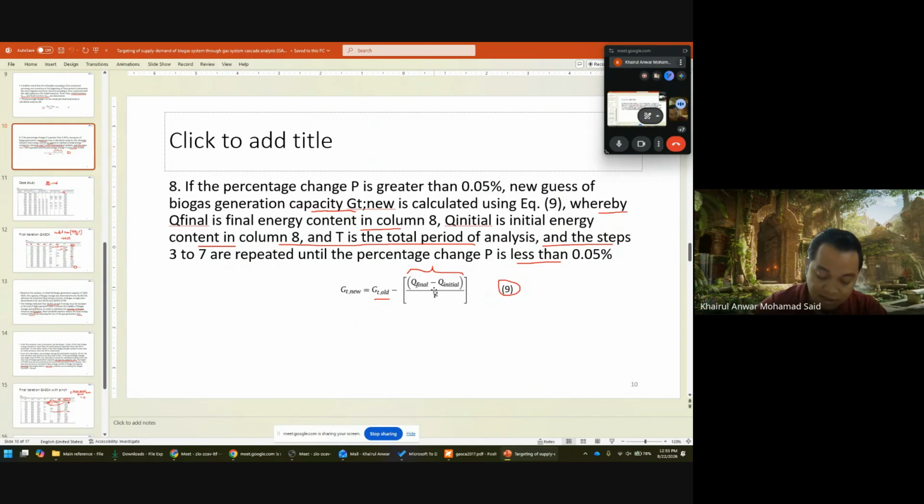In this case, it's 24. It depends, if the question gives you only 6, then T is only 6. So once we have a new GT, we do another iteration.